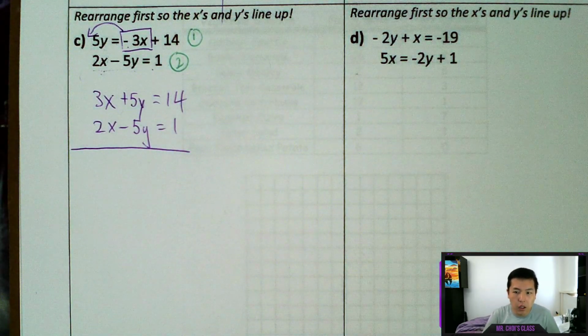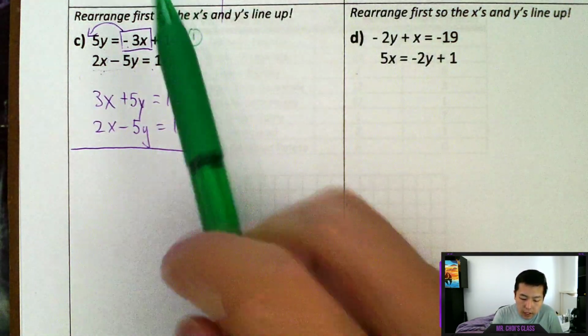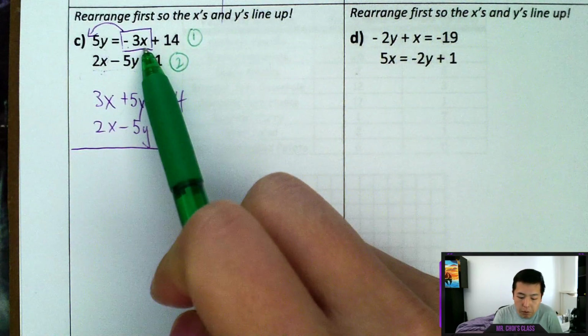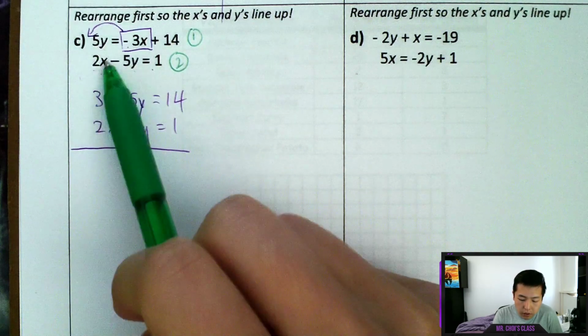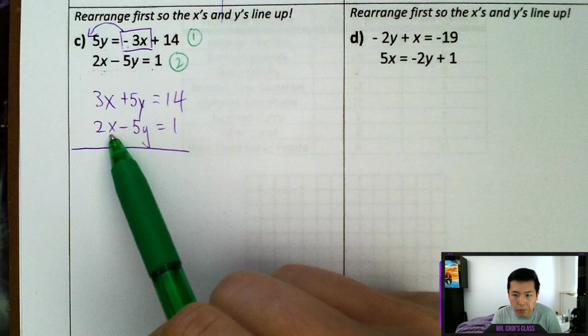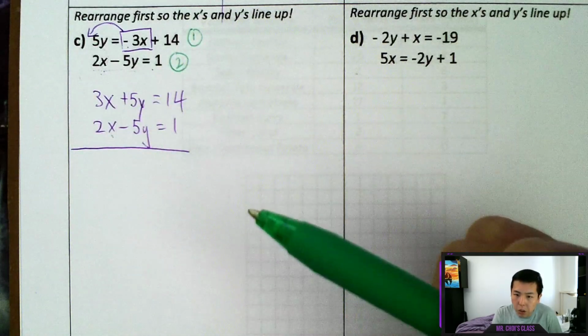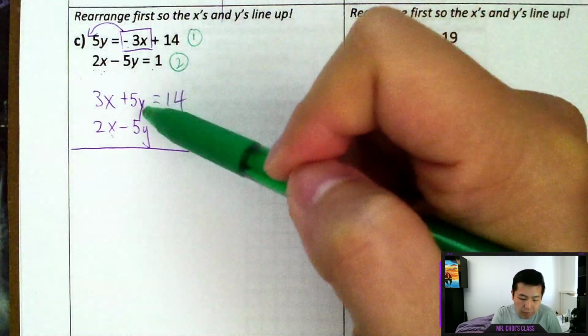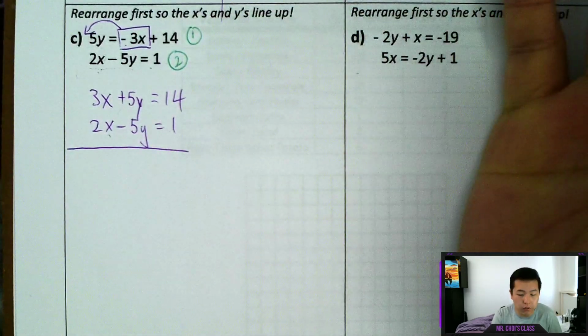Okay? So once again, going over that step. The minus 3x is on the wrong side. We want to line it up. So we move it to the left so that we can line it up with the 2x in the second equation. Now, what do I get rid of? X or y? I am getting rid of x. Sorry, not x. Wow, I said that so confidently when it was wrong.